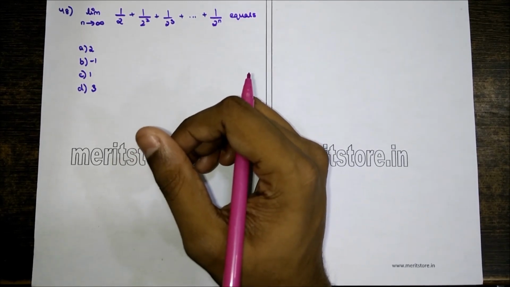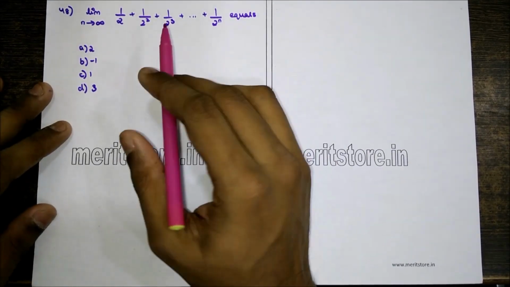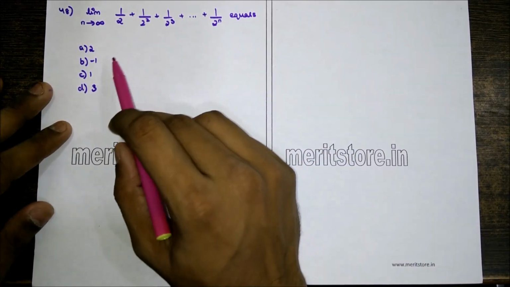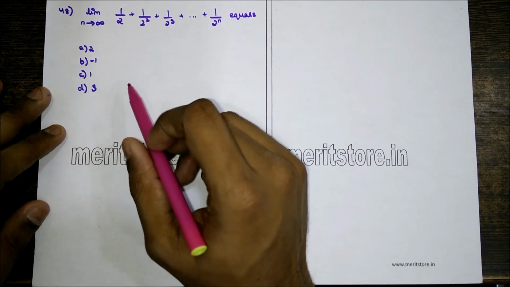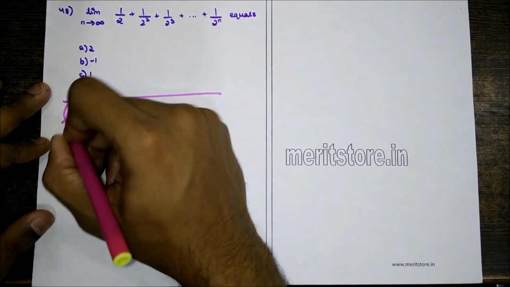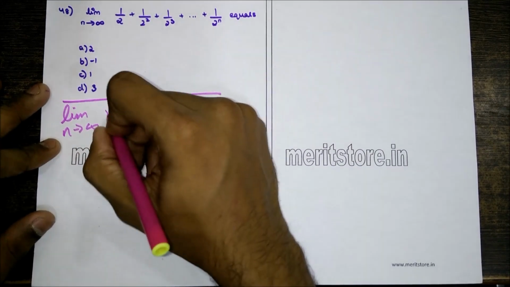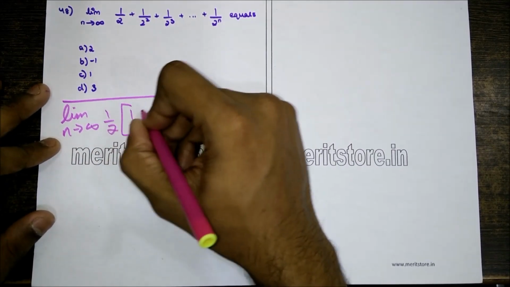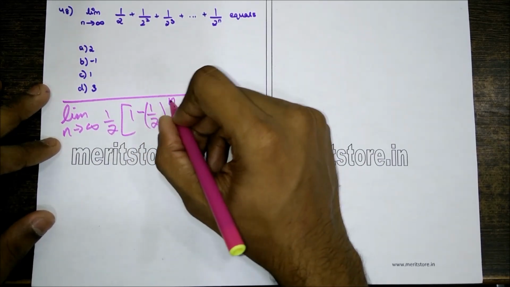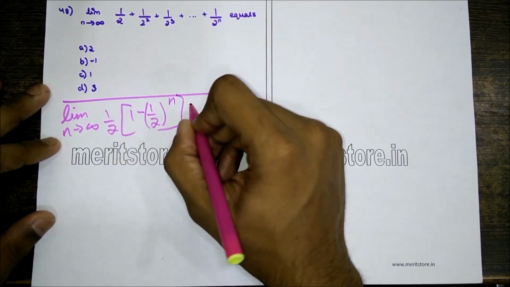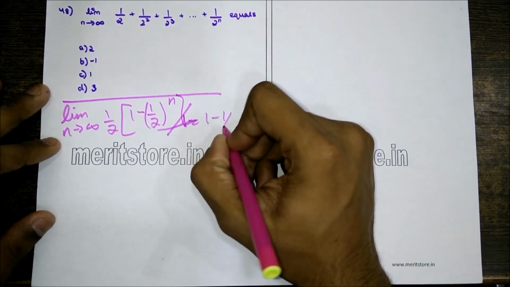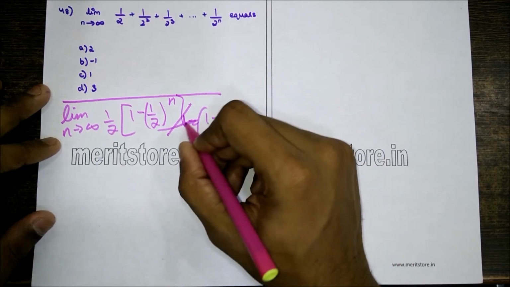Limit of n tends to infinity of 1 by 2 plus 1 by 2 square plus 1 by 2 cube up to 1 by 2 raised to n equals: a) 2, b) minus 1, c) 1, or d) 3. So therefore we could write this as limit of n tends to infinity 1 by 2 into (1 minus 1 by 2 raised to n) divided by (1 minus 1 by 2) in the denominator.